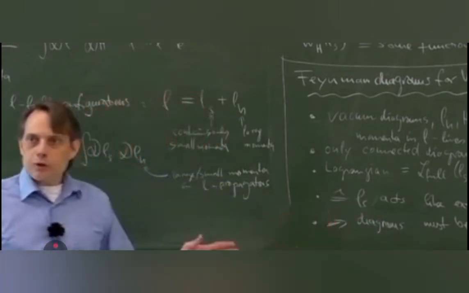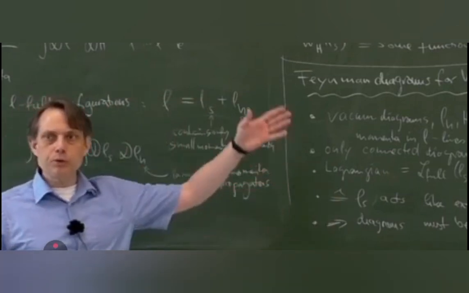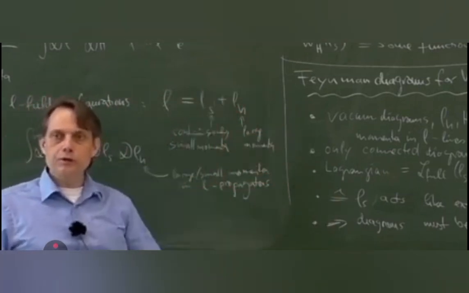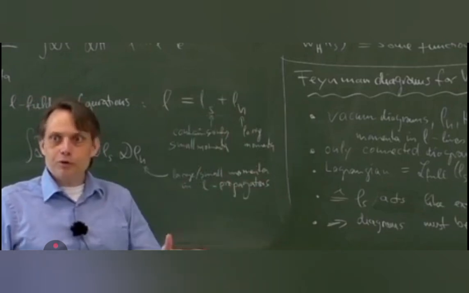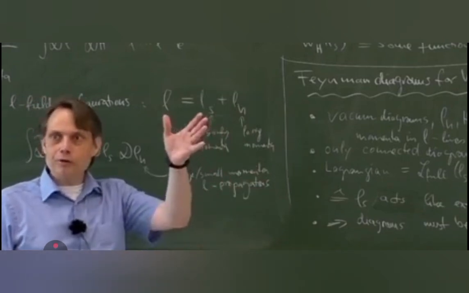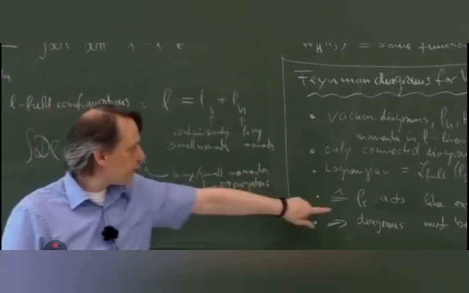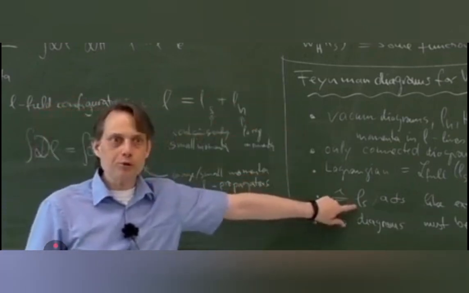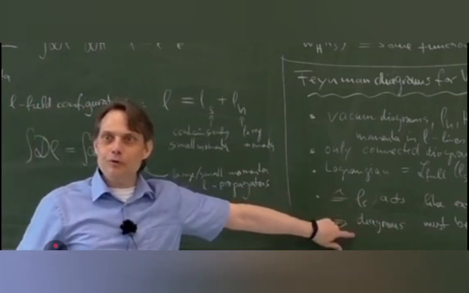If the diagram would be reducible with respect to the light lines, it would mean that we can cut a light line and make the diagram disconnected. If a diagram becomes disconnected by cutting one light line, then it would mean that all the external lines carry only soft momentum, but the line that we have just cut contains a hard momentum.